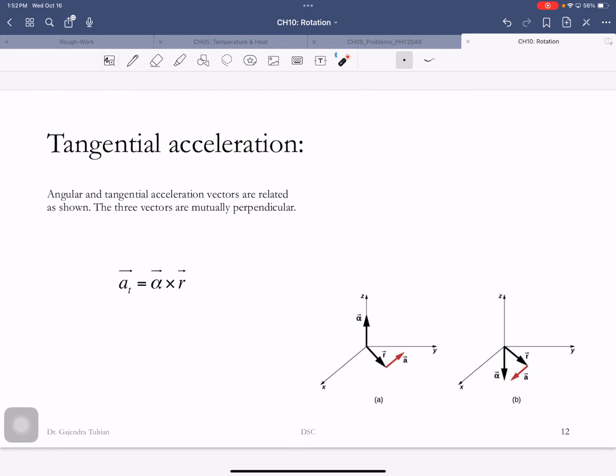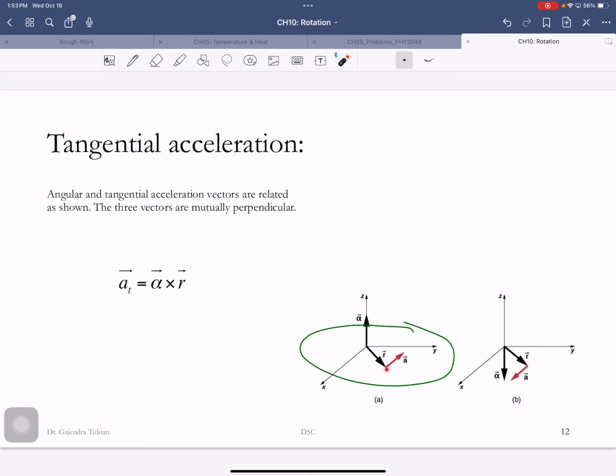Again, if this was a disk and it had angular acceleration, all displacement, velocity, and acceleration point along the axis. If this had angular acceleration, what that means is it's spinning faster and faster. Then the speed of this point is increasing.